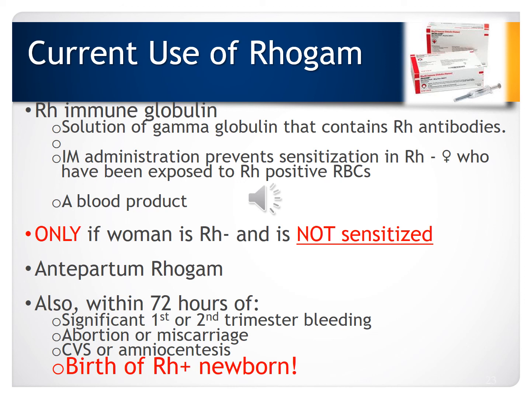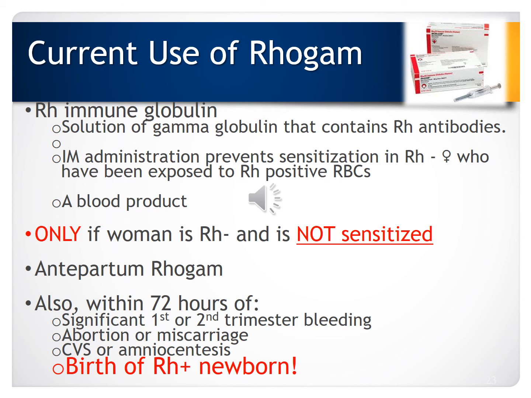Then this Rh negative mom will be tested again through the indirect Coombs test, and if she's not sensitized, will get another dose of Rhogam prior to discharge, again to prevent any development of antibodies, because there has been some evidence that there can be an increased risk of mixing of blood right at the time the placenta is delivered and the cord is clamped, and so there is a potential of antibodies being developed.